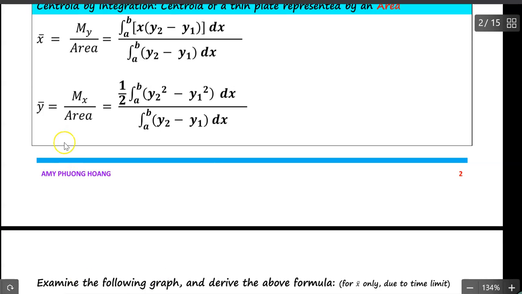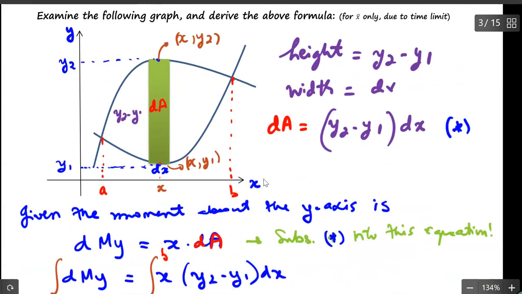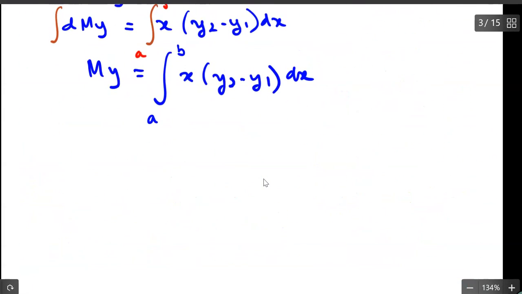Okay, so x bar, the ordinate of the centroid, will be equal to the moment about the y-axis divided by the area. So I will put them all together: x bar equals the moment about the y-axis divided by the area.